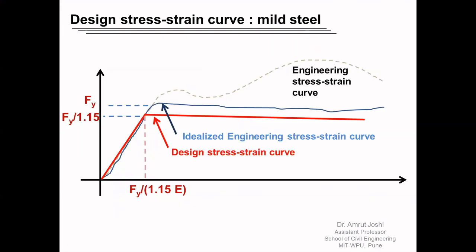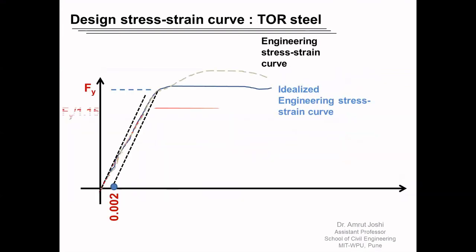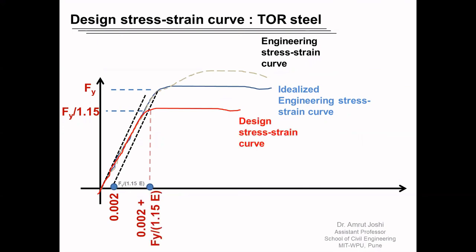For mild steel, design yield stress is going to be Fy upon 1.15 and design yield strain is going to be Fy upon 1.15 times E. Whereas for torsteel, design yield stress is going to be equal to Fy upon 1.15 and design yield strain is going to be equal to 0.002 plus Fy upon 1.15 times E.